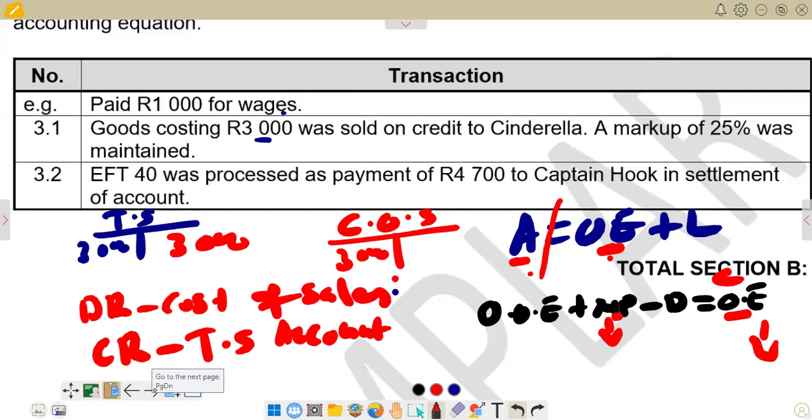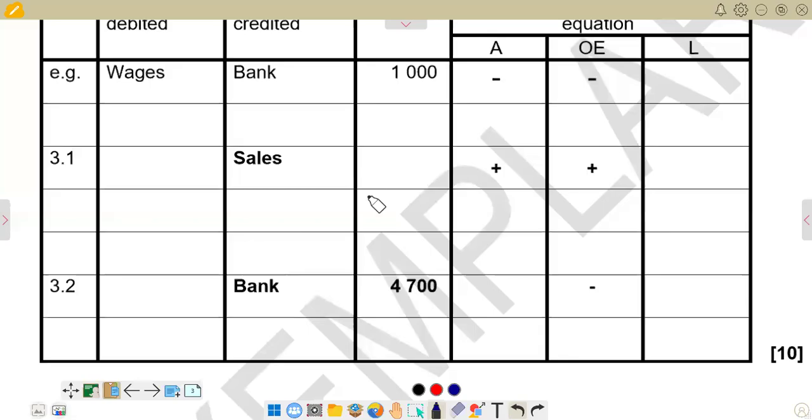So if you go there, we're going to put this first set of double entry whereby we're saying we are going to debit our cost of sales and then credit trading stock. So let's try to see what to do for the person. So what we are saying, we are debiting cost of sales, so we can just indicate it here by saying debit cost of sales.